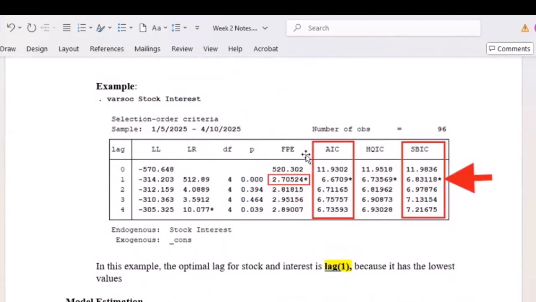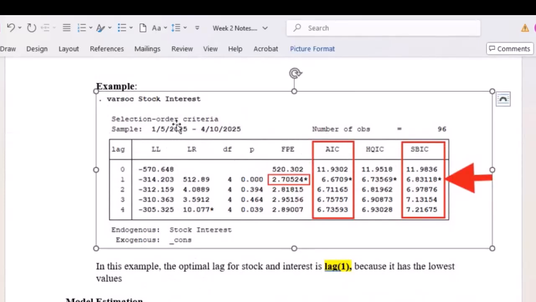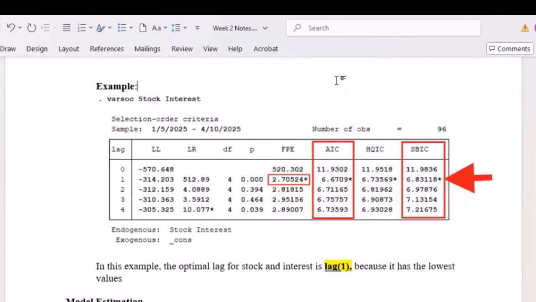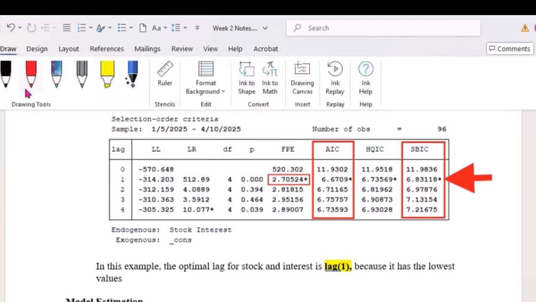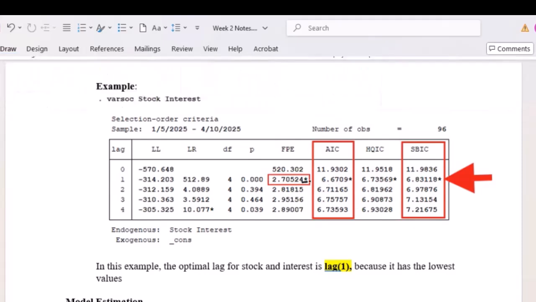In this example, although we shall conduct the analysis later, I just put it here. You can see this arrow, and you can see there are some stars at each of these values.